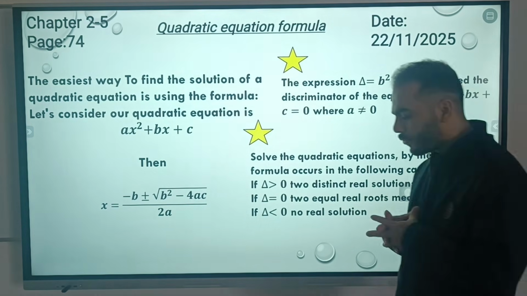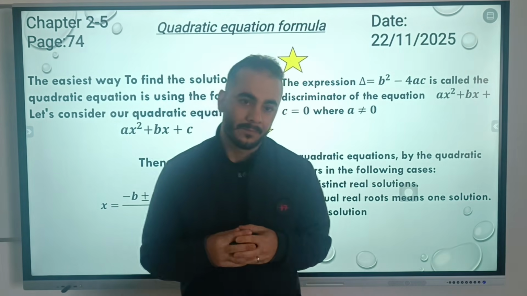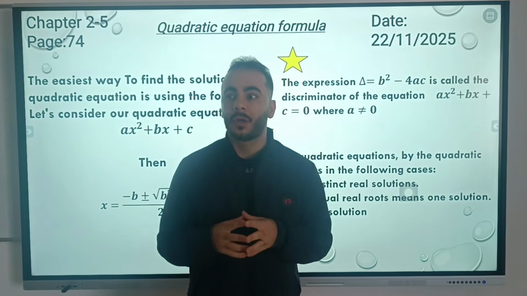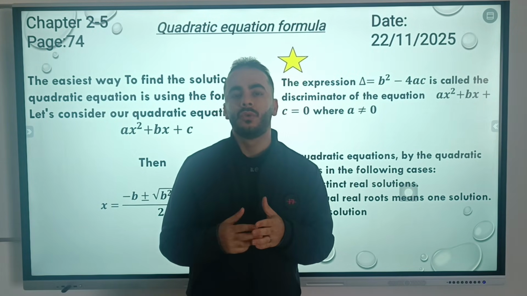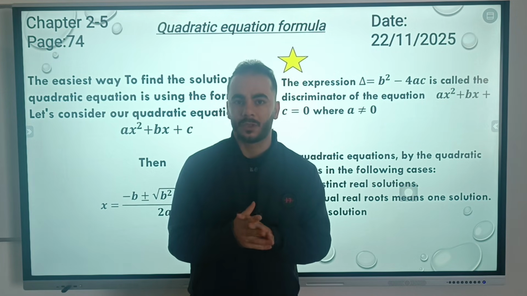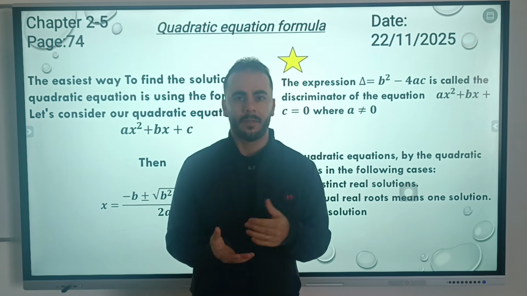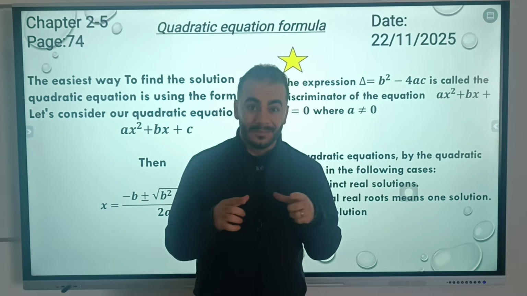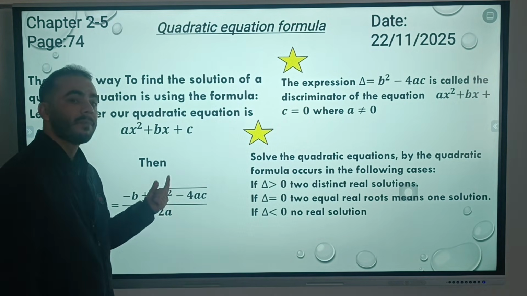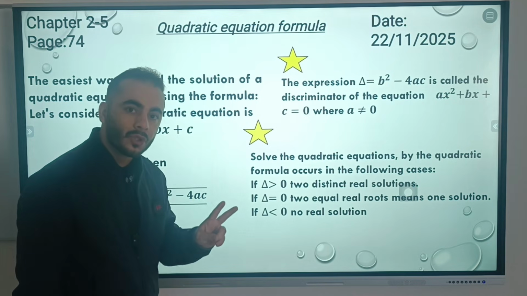There are three situations regarding delta. If delta is positive, we are going to have two solutions, and they can be positive or negative. If the result inside the square root is positive, we will have two solutions.